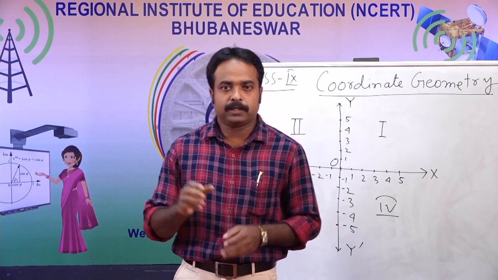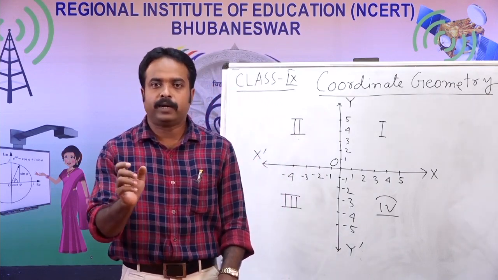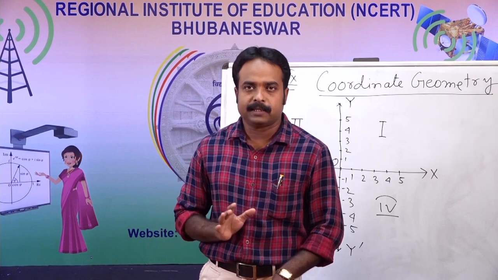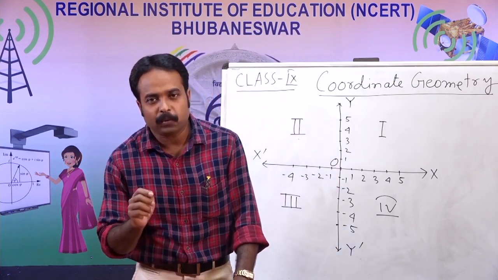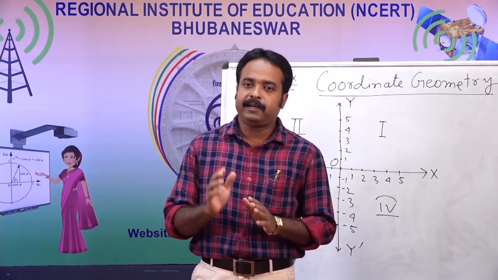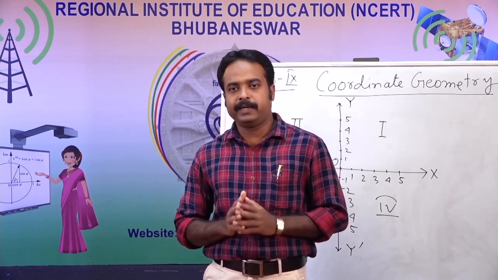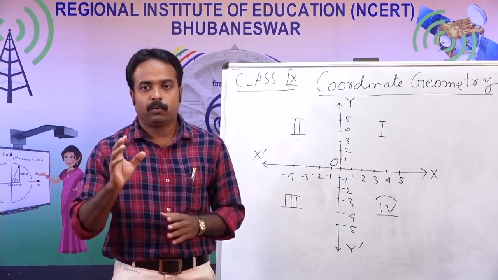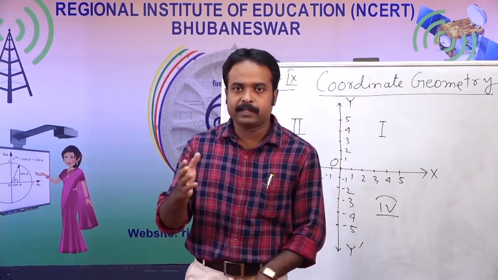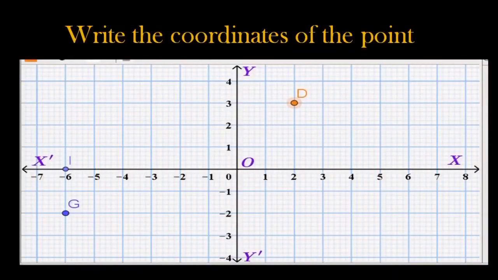First we measure the perpendicular distance from the y-axis, which gives the x coordinate. Then we measure the perpendicular distance of the point D from the x-axis, which gives the y coordinate. And you may see that it belongs to which quadrant? This is in the first quadrant, so x is positive and y is also positive.